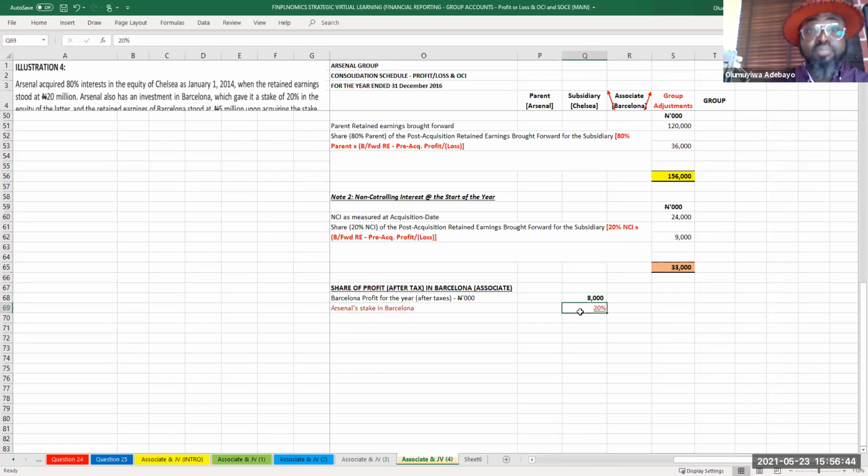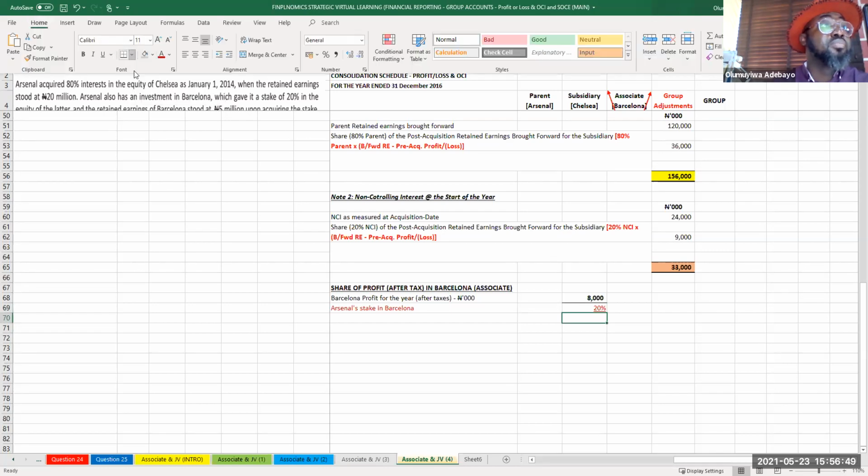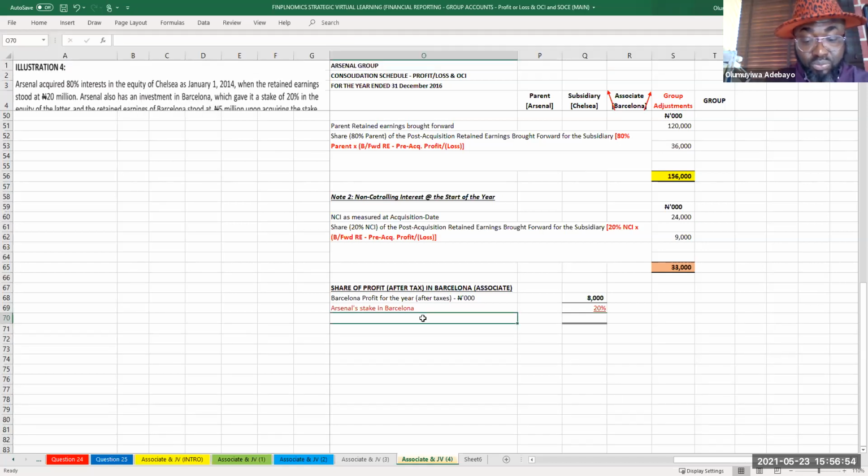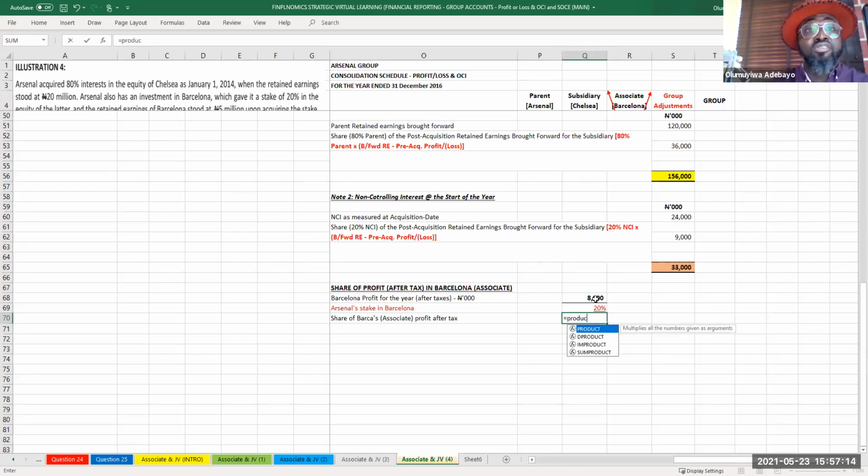Therefore, what will now be the share of profits? Share of associates' profits after tax. It will be the product of 20% and 8 million, which is 1.6.